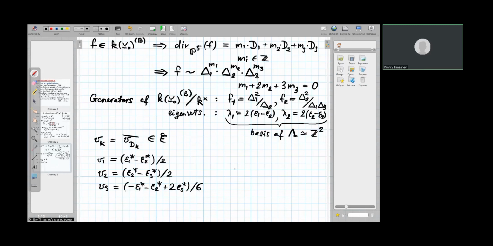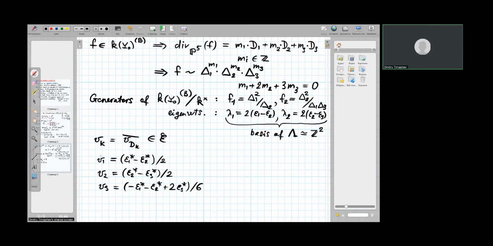So these three vectors have the desired pairings with lambda 1 and lambda 2, corresponding to vanishing orders of F1 and F2 along the divisors D1, D2, and D3.